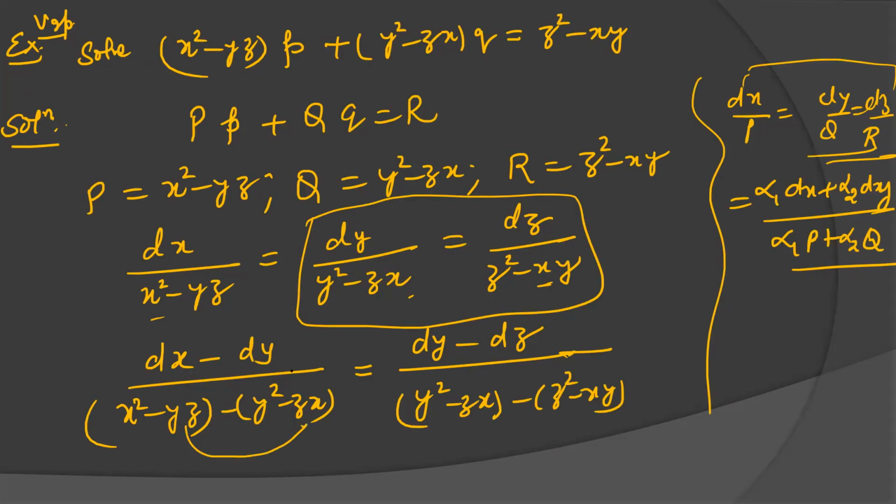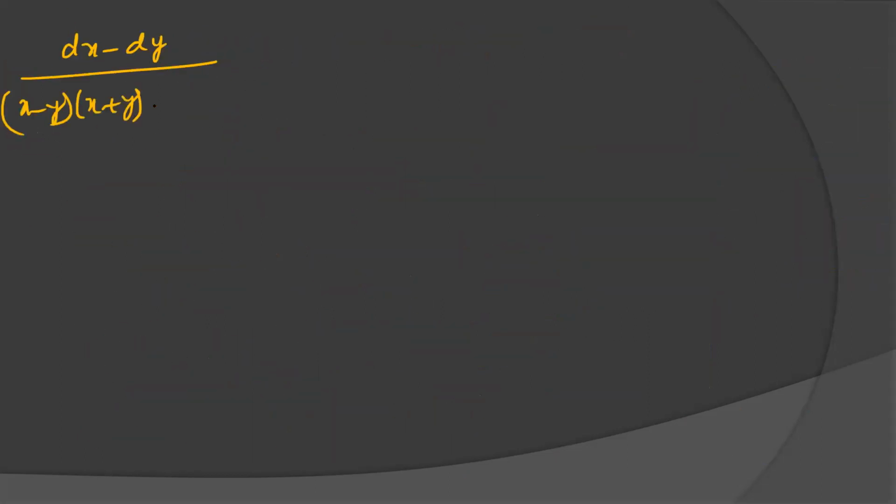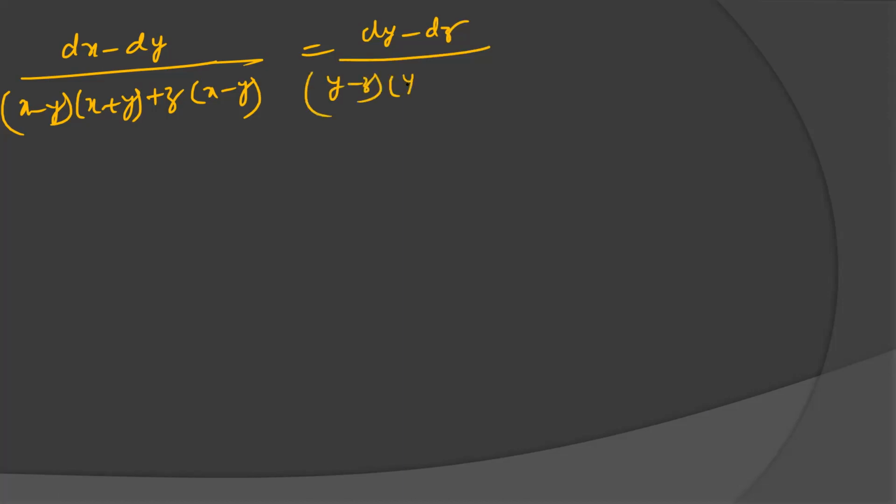If you take z common, that will be x minus y, plus z times (x minus y). Similarly here, dy minus dz over (y minus z)(y plus z plus x), if you take y minus z common.